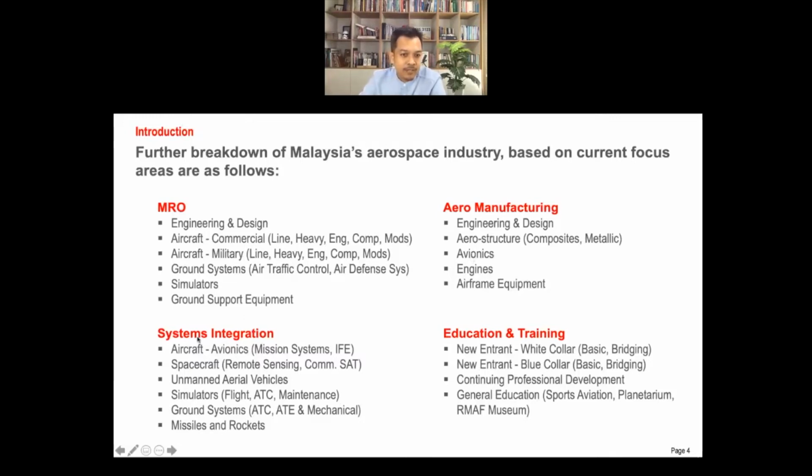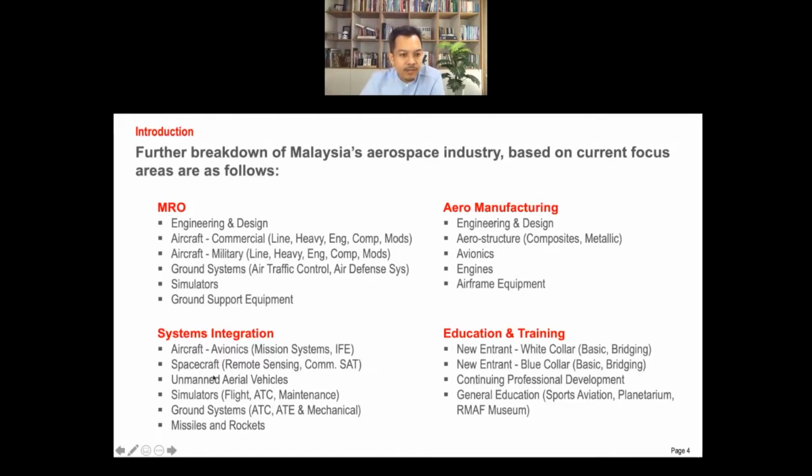Okay, and then we move into system integration. Okay, what do we mean by system integration? Previously, we have already highlighted some examples. So over here, we have system integration related to aircraft avionics. For example, mission systems, in-flight entertainment, and we also include spacecraft system integration, remote sensing, and satellite communication.